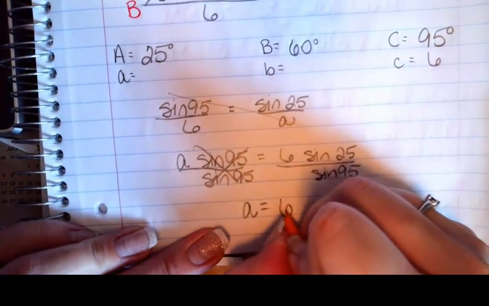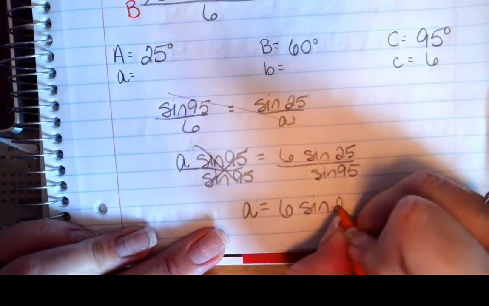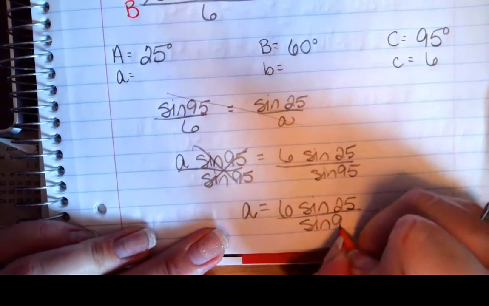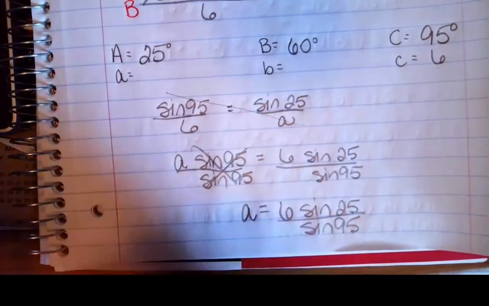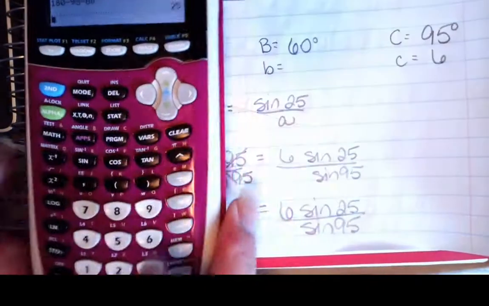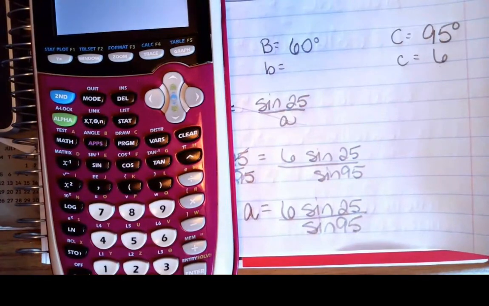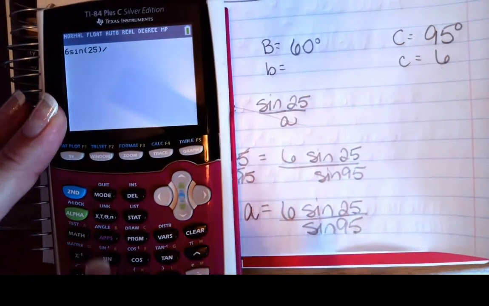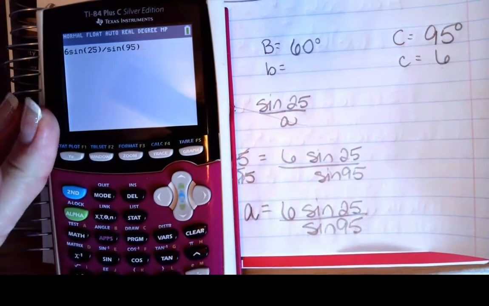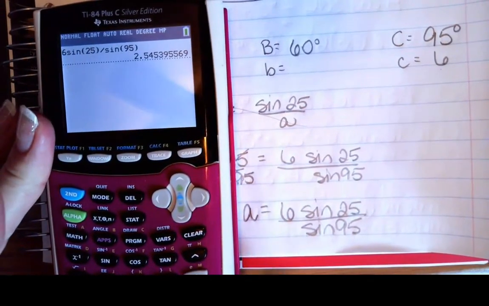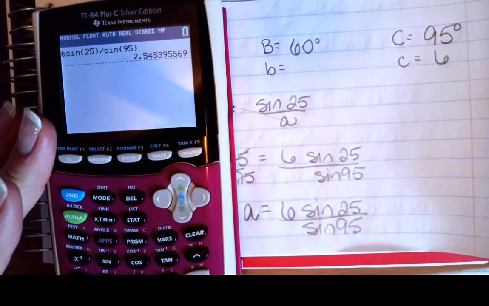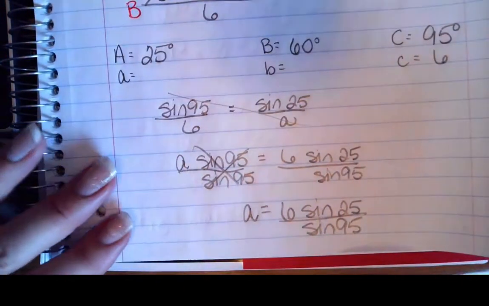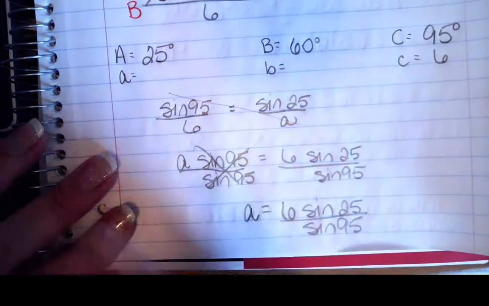So little a is going to be 6 times the sine of 25 over the sine of 95. Using your calculator, for the love, make sure you're in degrees and not radians. You have 6 times the sine of 25 divided by the sine of 95. When I complete that, I find out that little a is 2.55.